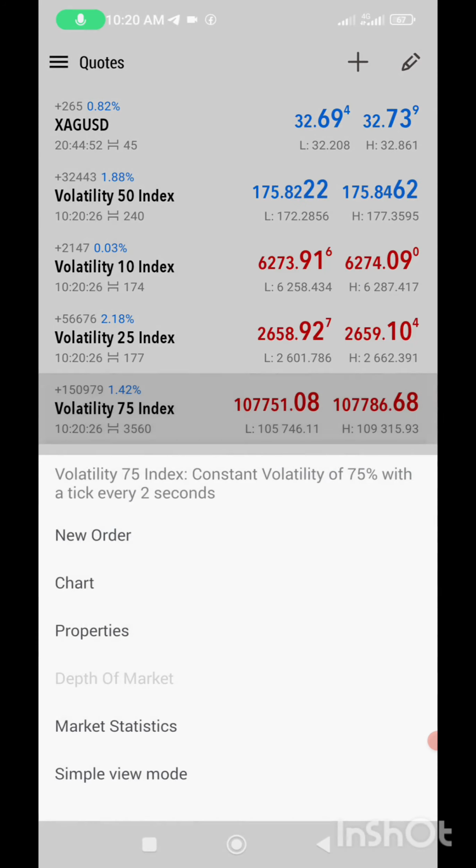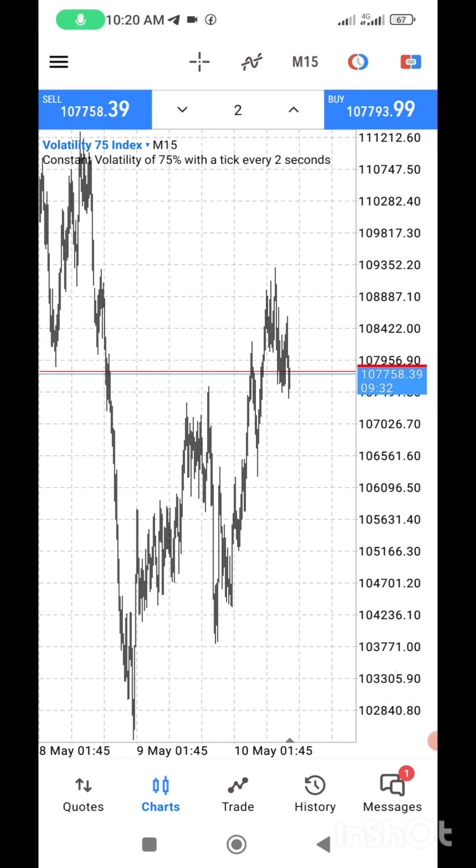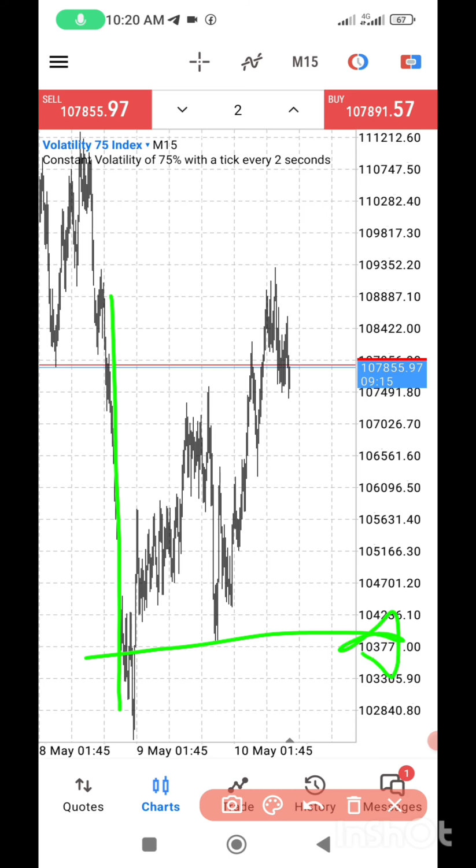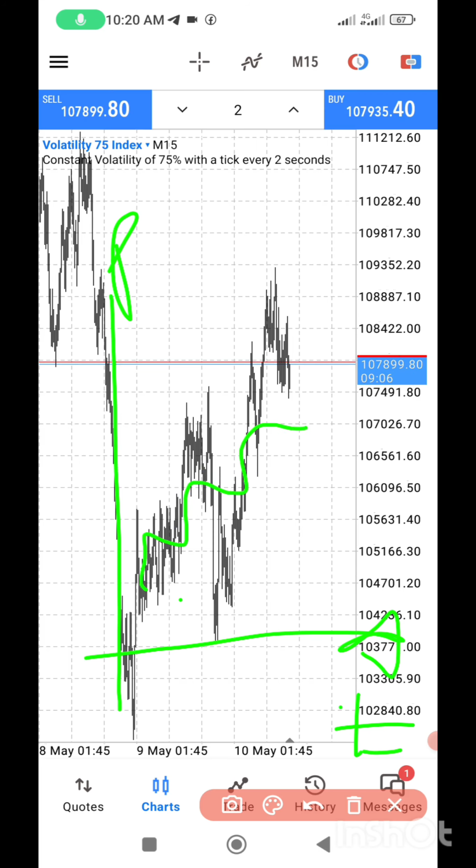So before I dive into the practical part of this, I'm gonna do some illustration, and this is something very important to know. Say for instance, this is price and this is time, and we have a market that has both uptrends and downtrends, like a typical market.